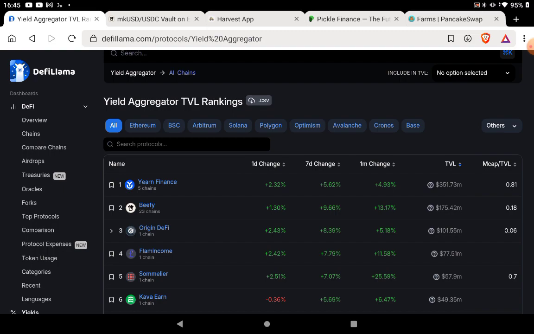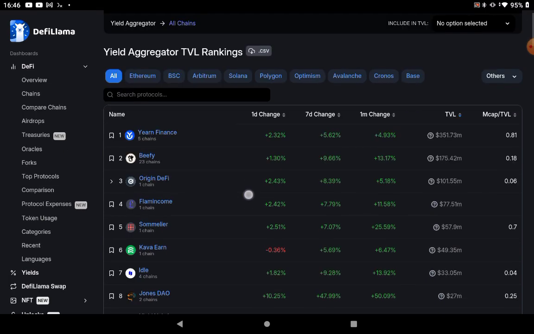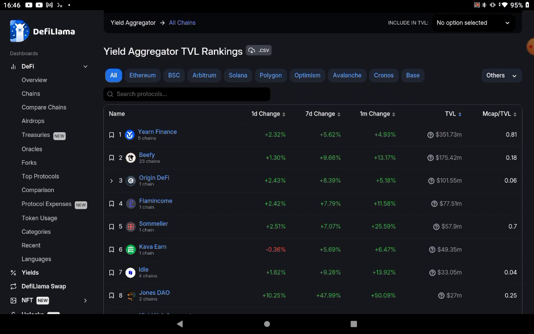Are they just trying to make a splash in the market and pay really high APRs and attract liquidity, but after all, they're not a reliable one? I mean, you got to gauge the whole thing and decide for yourself, okay? Usually you'd be better off with these battle tested ones, the top ones. They have higher TVL for a reason. People trust them more for a reason, all right?